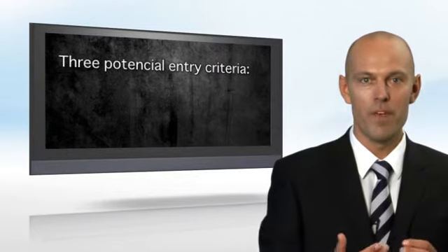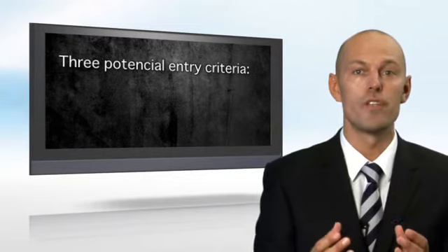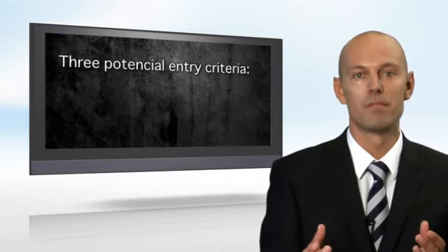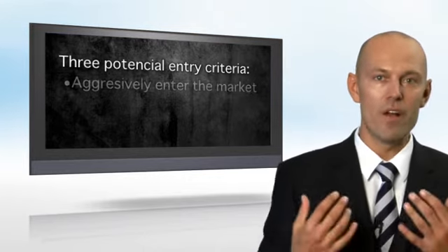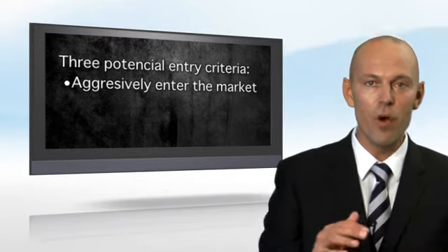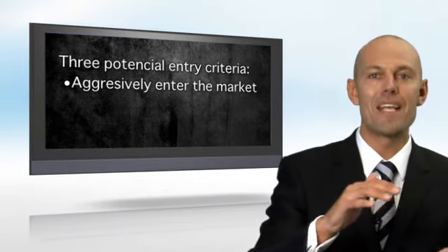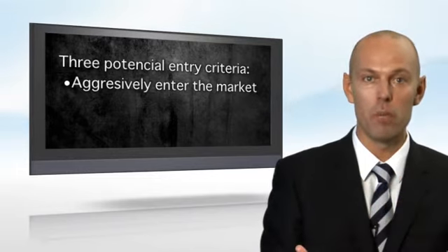As I see it, there are 3 potential entry criteria, which depends on how much certainty the trader wants in the setup. Sometimes I feel that I want to be aggressively in the market, and I may actually enter the market even though the engulfing pattern hasn't completed. I'm just anticipating it is going to complete.